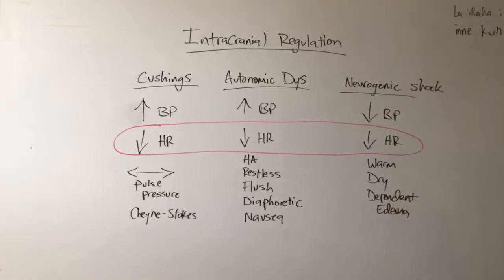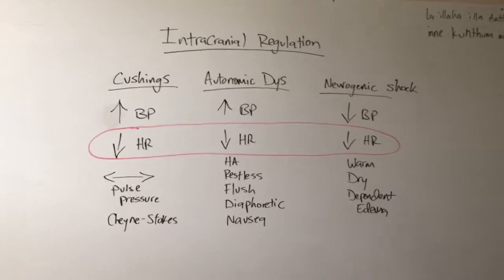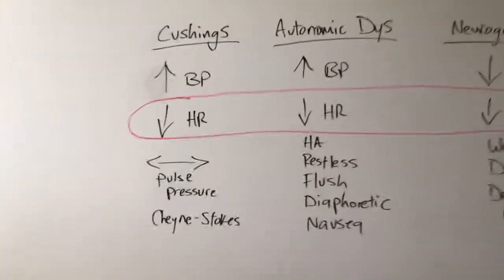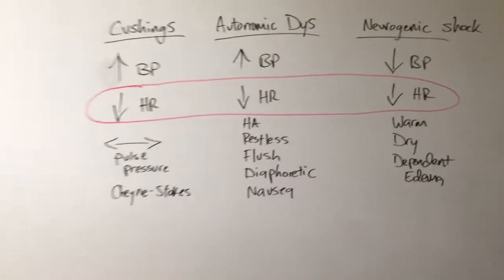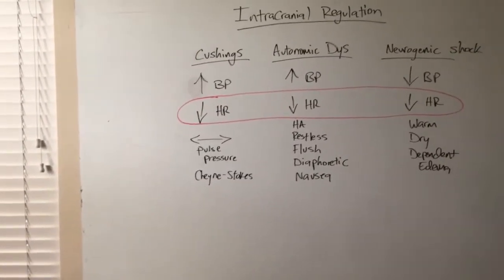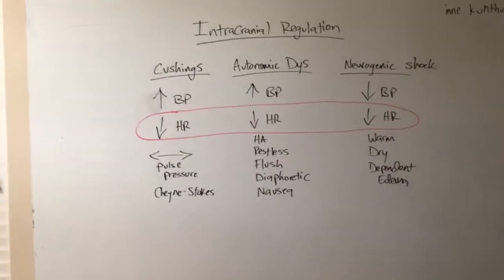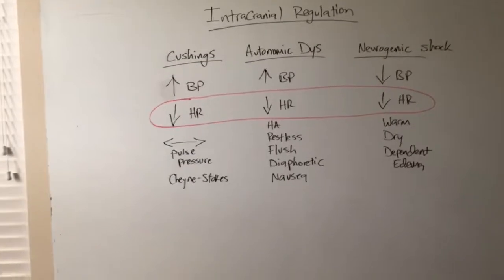So the only thing that all three of these abnormalities share is the bradycardia. The patients who have any of these will share the same bradycardia, but it's up to you to remember which one has hypotension and which one has hypertension.